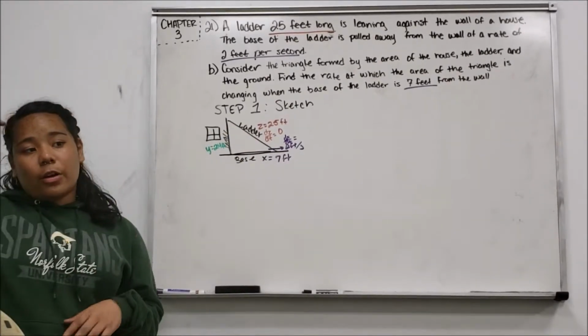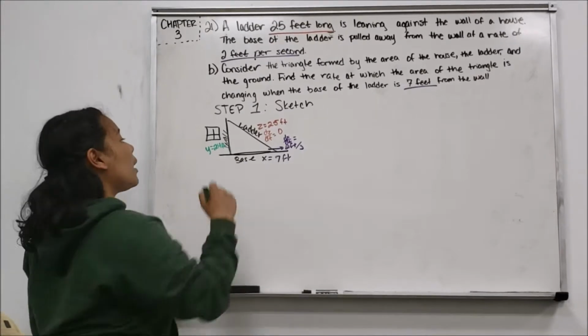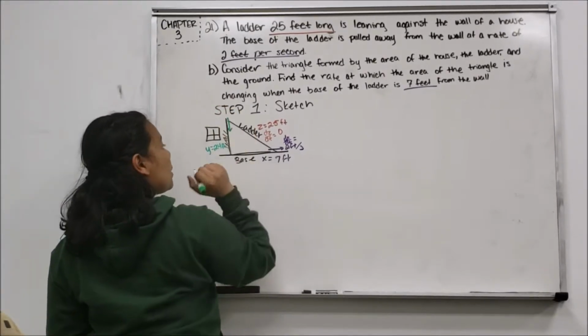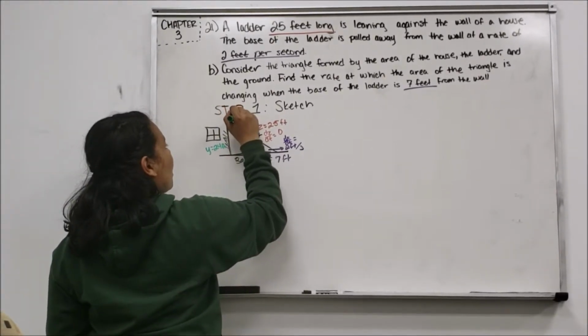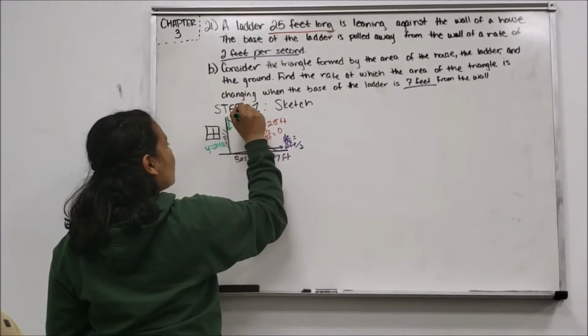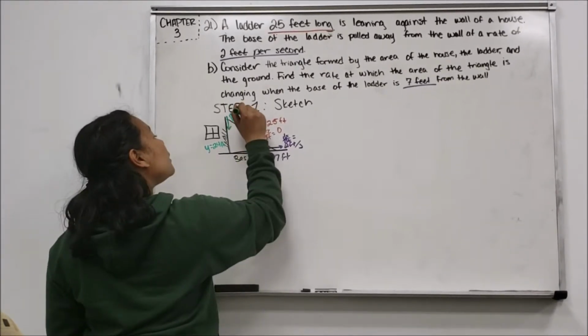And we also figured out our dY dt when we were solving, and we know that it's going this way, which makes it negative, so our dY dt equals negative 7/12.